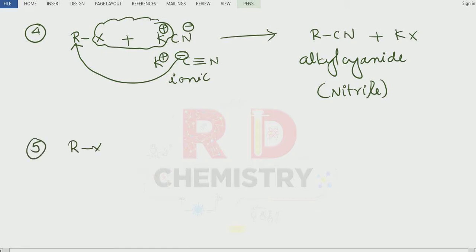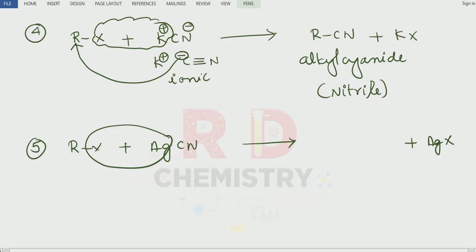Okay, clear. Next one, fifth one. Alkyl halide also reacts with the silver cyanide. But here product is a different product. Side product is the AgX. Okay, expected as usual, plus. But we'll get now not RCN. We'll get RNC. This is known as the alkyl isocyanide.